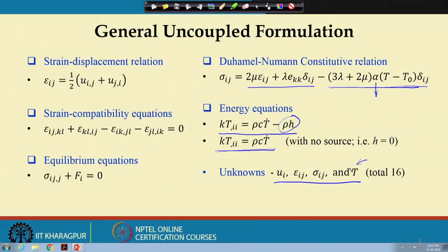T0 is the initial temperature and T is the increase in temperature, and this temperature T in terms of x, y and z will be specified to you. So, this becomes an input to the thermoelastic problem.